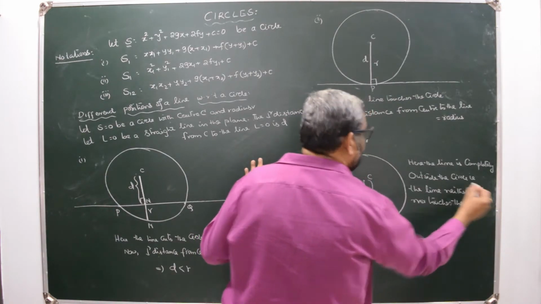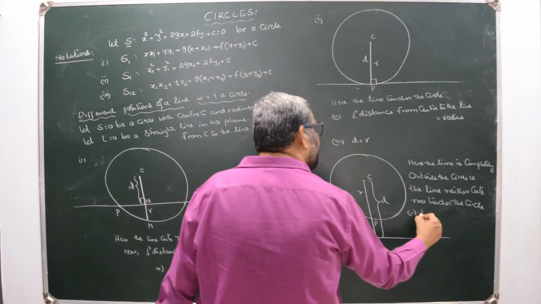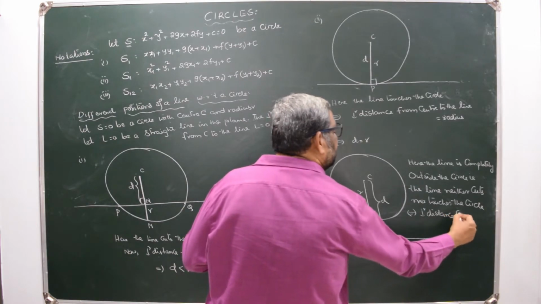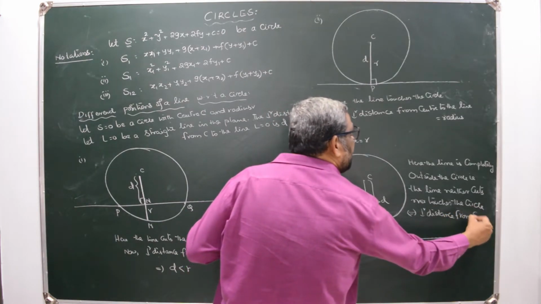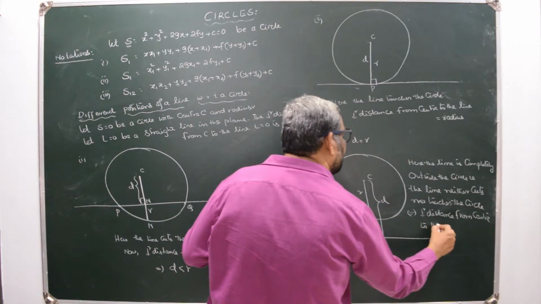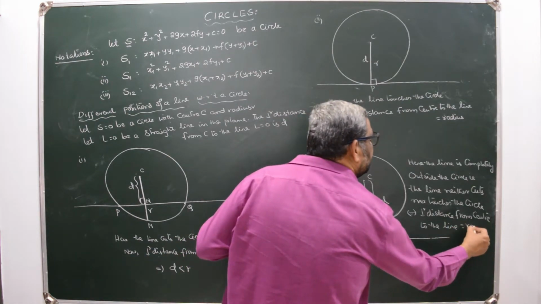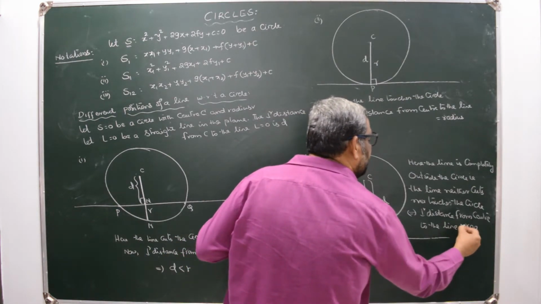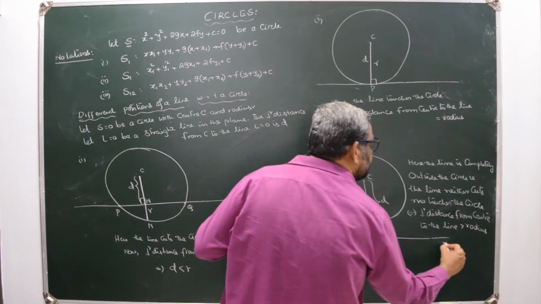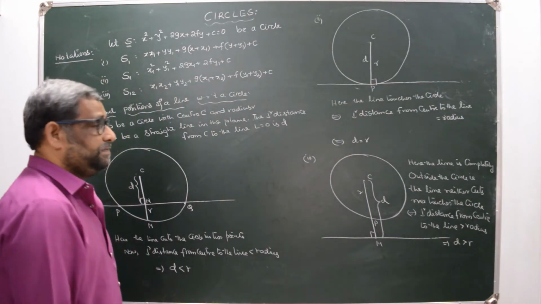Implies the perpendicular distance from center to the line is greater than radius. Implies D greater than R. So this is the case.